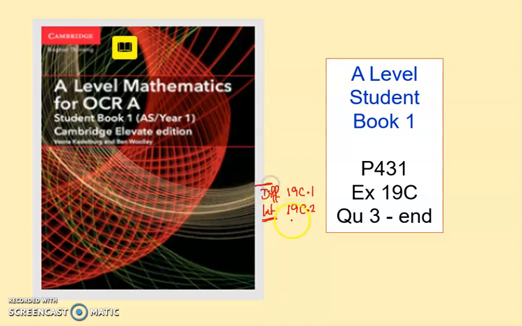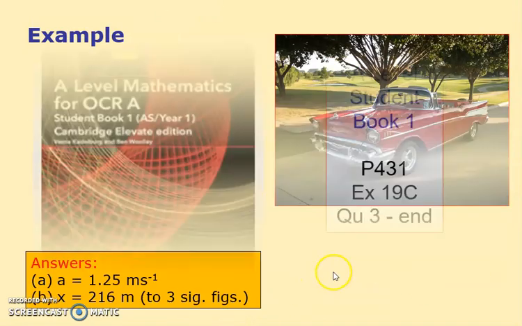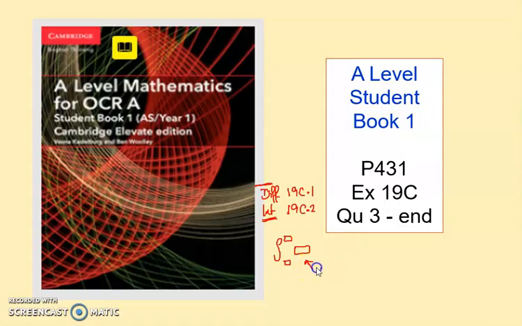Before I move on, just be aware you could have used the posh button on your calculator. There is a button on your calculator that looks like this, and we could have, I suppose, cheated. The question said, if you recall, 15 plus 5t to the half, so we could have quite easily typed that in.